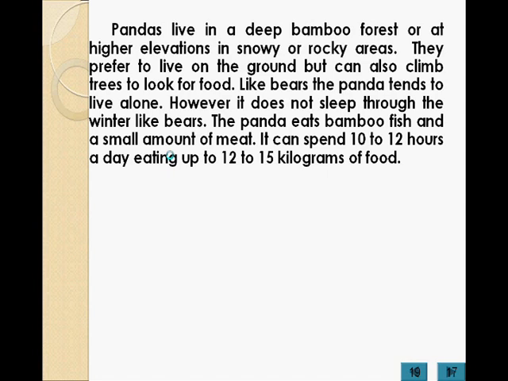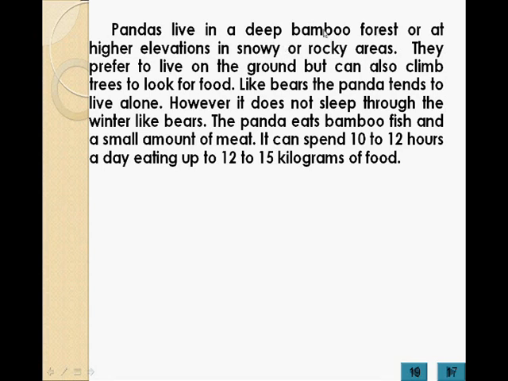Again, in the second paragraph, we are going to look at the first sentence, which is the topic sentence. So we have here, pandas live in a deep bamboo forest or at higher elevations in snowy or rocky areas. So here is the place where it lives.